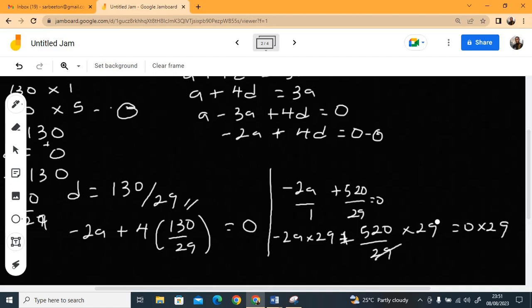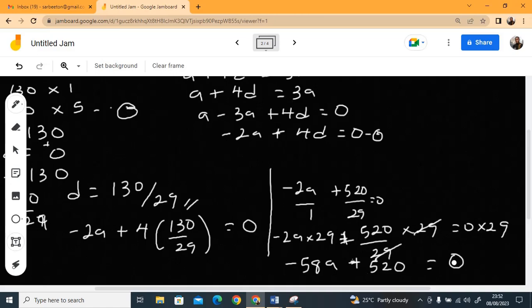So 29 cancels 29, and 0 times 29 is 0. So minus 2 times 29 will give us minus 58a, plus 520 equals 0.